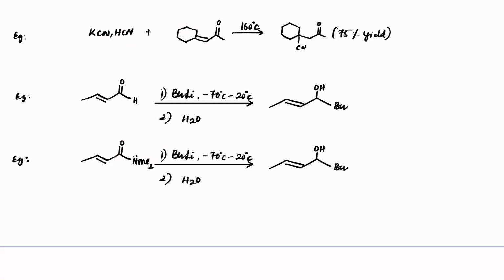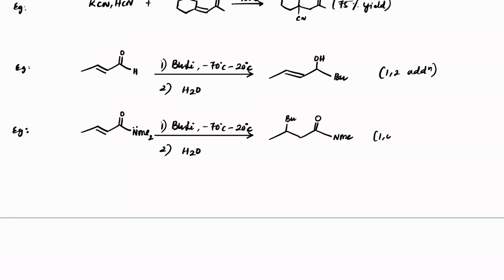That's the reason why, in such cases, you will always get 1,4 addition only. So this was 1,2 addition earlier, but in this case you will notice only 1,4 addition. So you will get this as Bu here with double bond O, NMe here. This is the final product. So this is 1,4 addition.